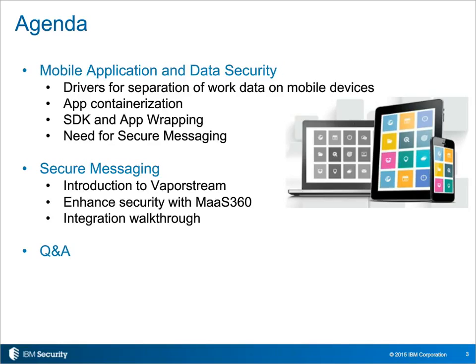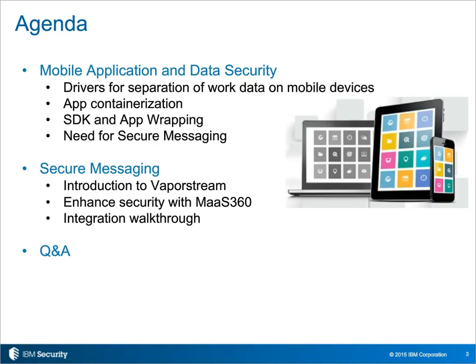So just the agenda a little more in detail here. To start off, I will talk about mobile app and data security, and the drivers for separation of work data on mobile devices, which, as you know, is extremely important these days as you deal with more and more sensitive information on these mobile devices everywhere.